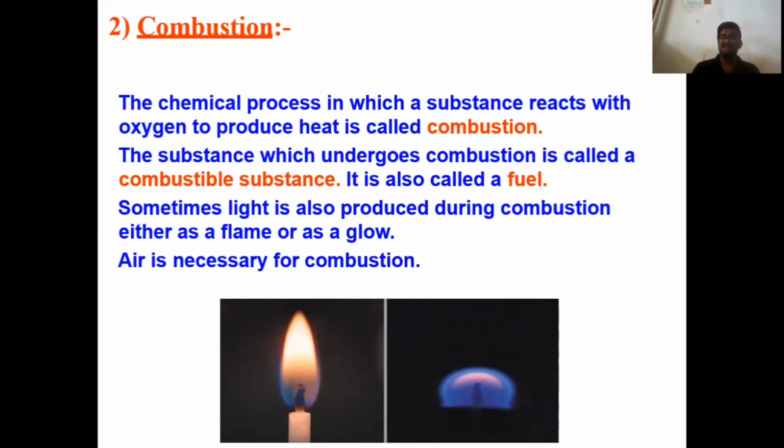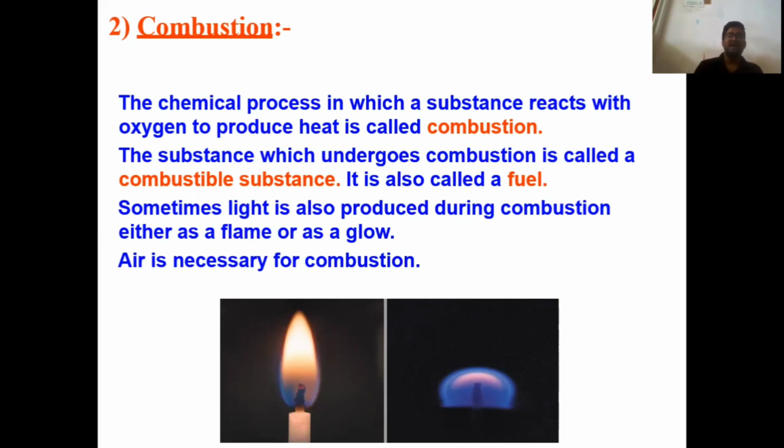The substances which undergo combustion are called combustible substances, or they are also called fuel. Sometimes light is also produced during combustion or during burning of the combustible substances. It is either as a flame or as a glow.